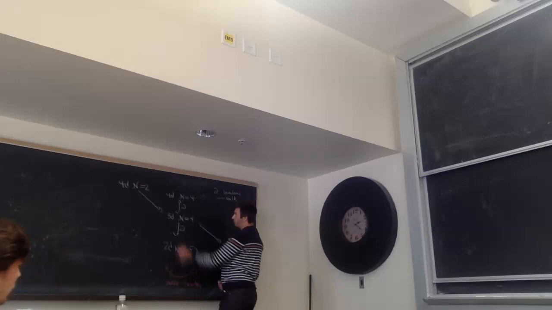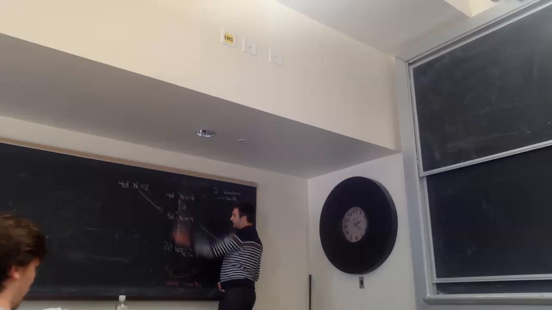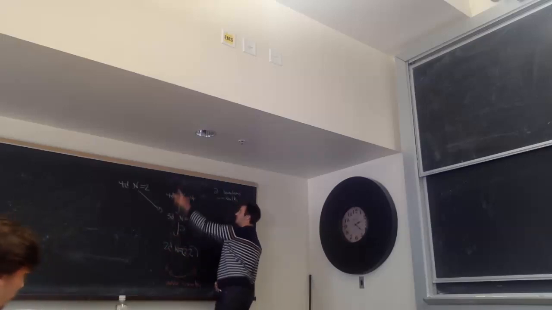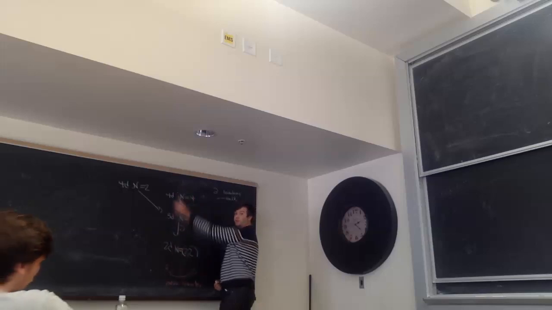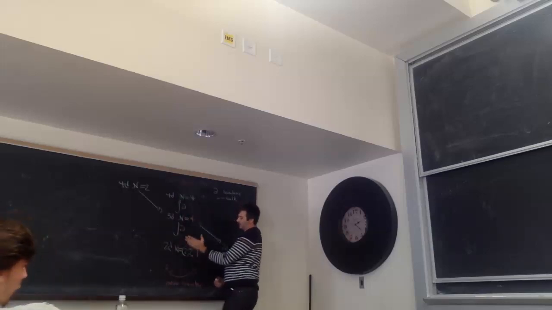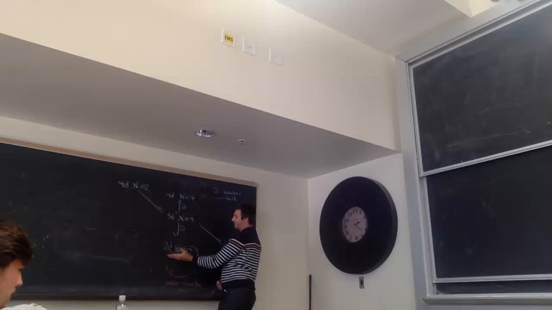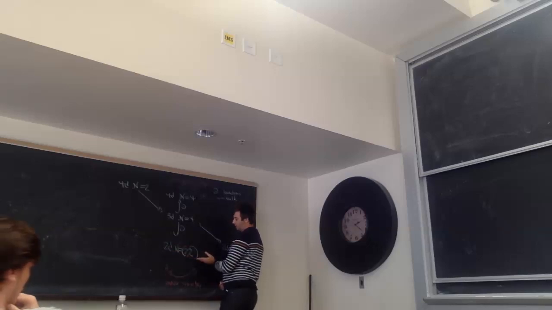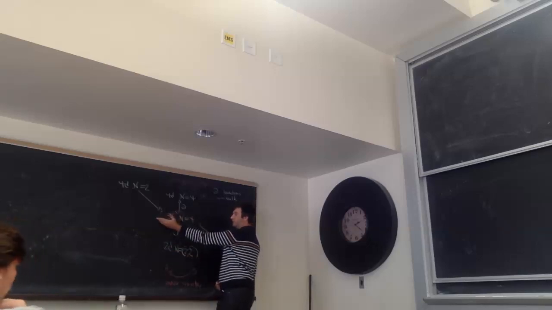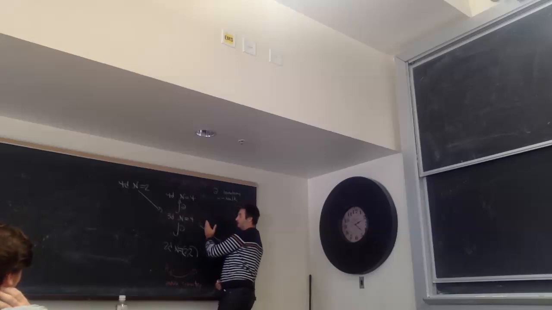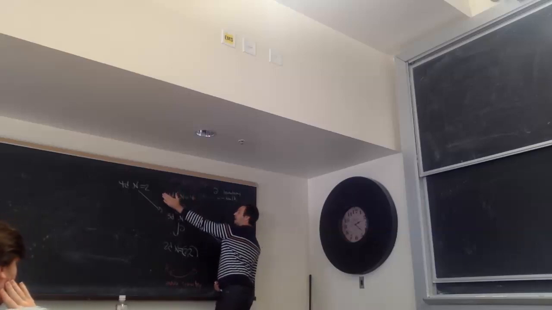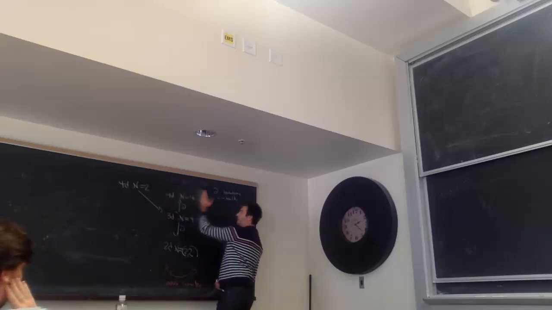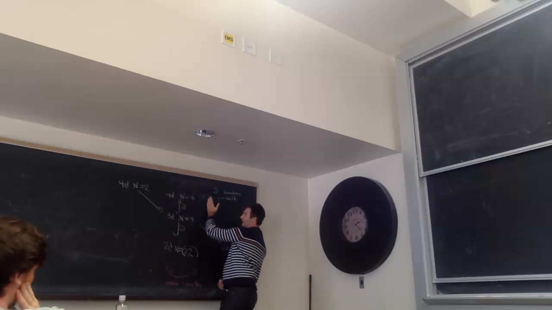And once you've chosen embeddings of supersymmetry algebras, this induces A and B twists all the way up the chain. So this has a 2D A model and a 2D B model, this has a 3D A model and a 3D B model, and this one has a 4D A model and a 4D B model.